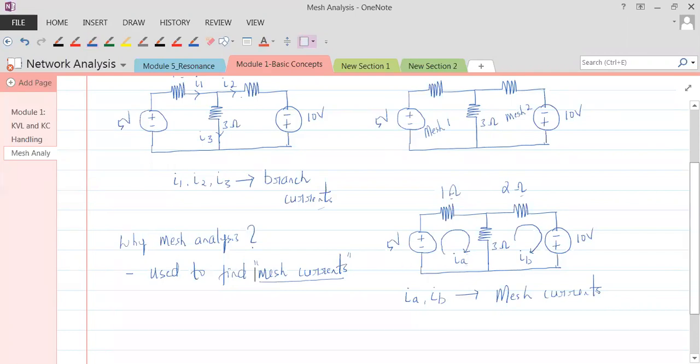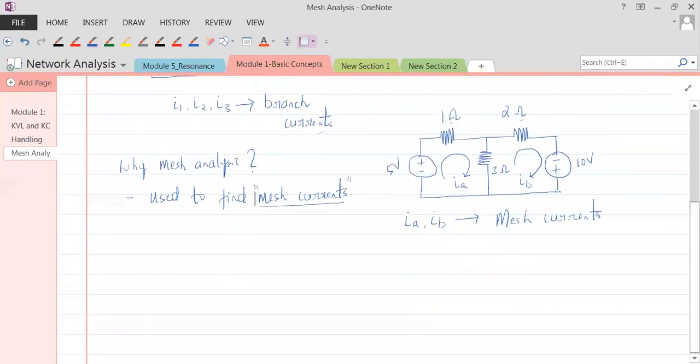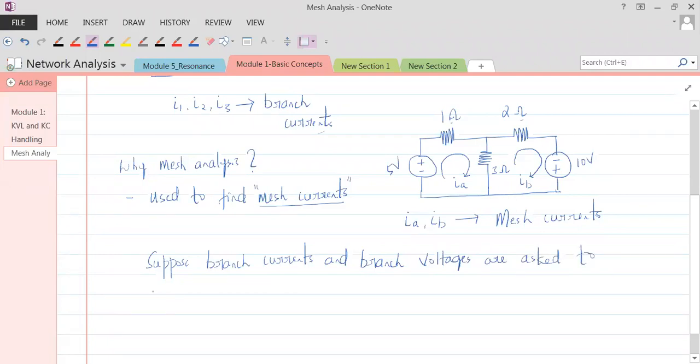Now suppose branch currents and branch voltages are asked to be found out by mesh analysis.